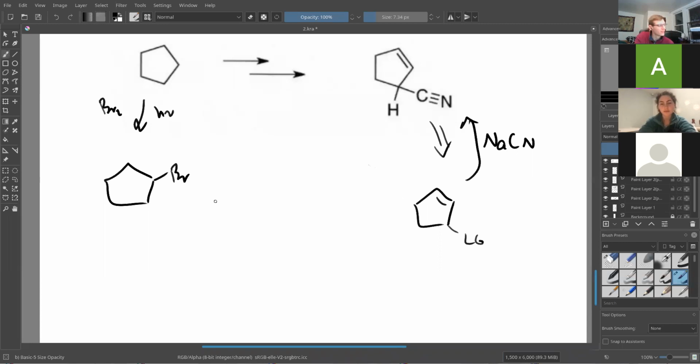Well, we need to go from here and get to there, right? We know we're going to form a double bond. So what can we do on this side, on the left over here? E2. Yeah, so let's do E2.